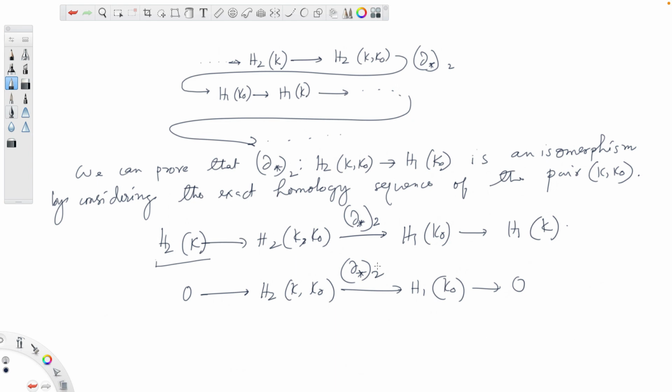From the exactness of this sequence, one immediately finds that the kernel of del star of 2 is 0. Therefore, del star 2 is an injective homomorphism.